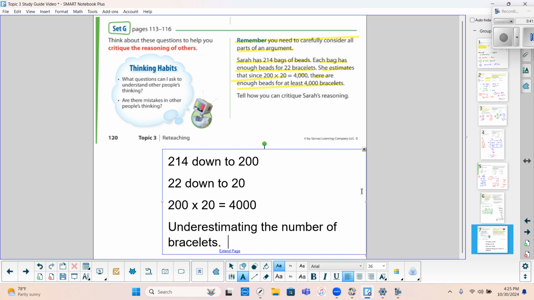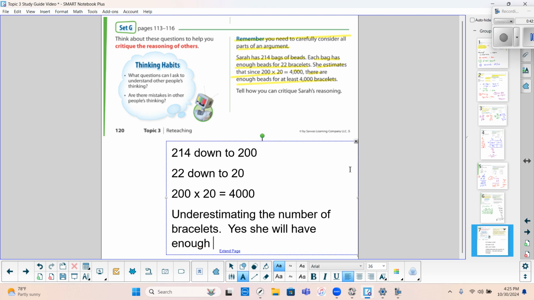Which means, are there enough beads to make 4,000 bracelets? Yeah, she underestimated. So, yes, she will have enough for at least 4,000 bracelets.